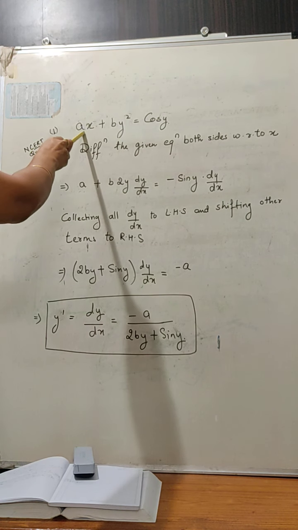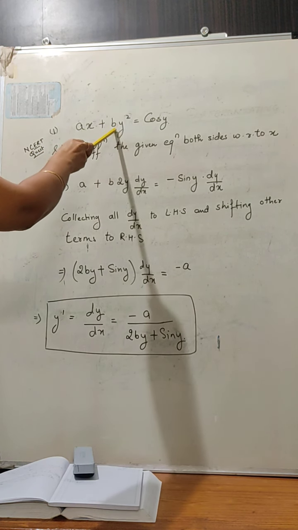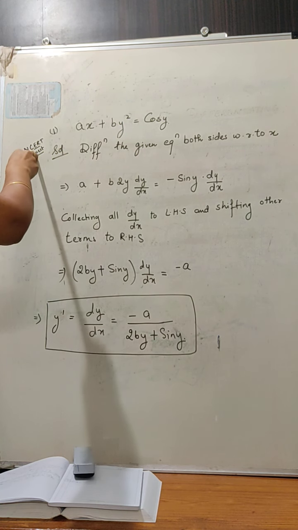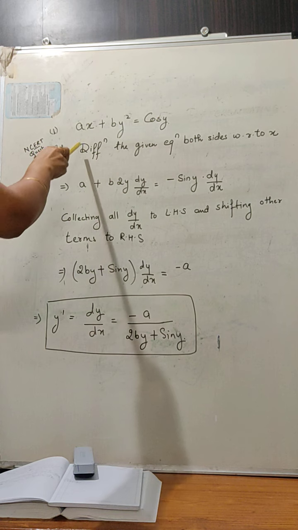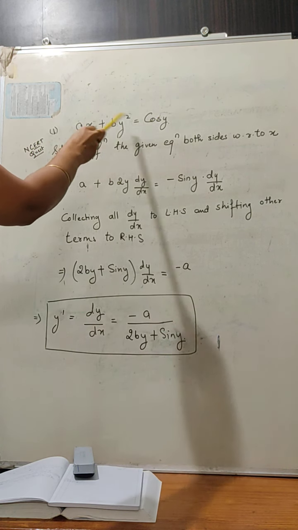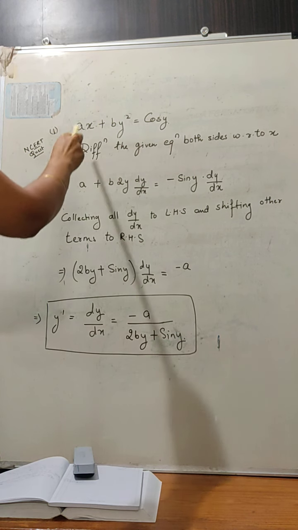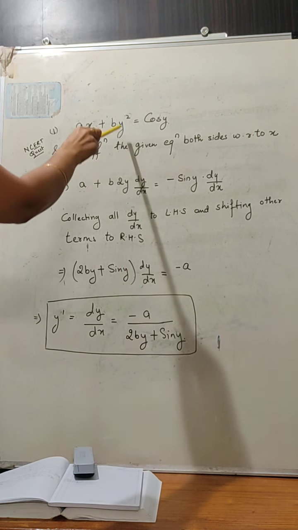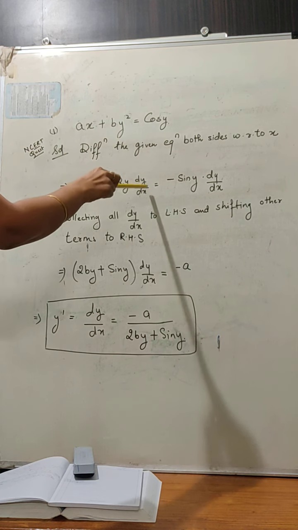Here is the question: ax plus b y square equal to cos y. I have taken the question from the NCERT exercise. According to the rule, we differentiate both sides with respect to x. When we differentiate both sides with respect to x, y will also be differentiated with respect to x.